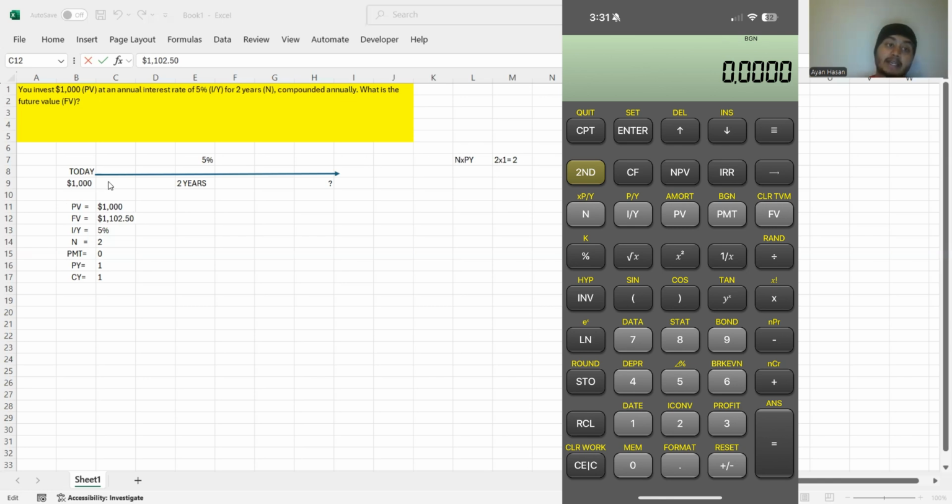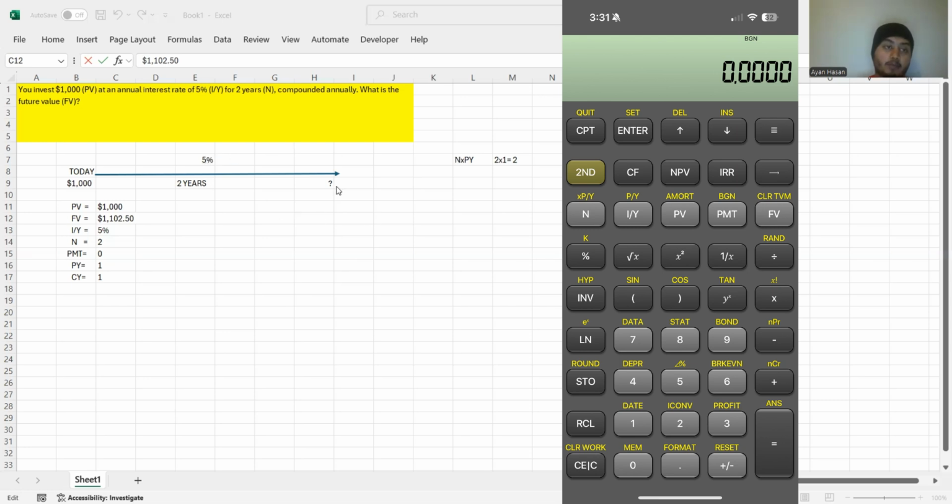After that, I created the timeline to help you understand and learn better. So we invested 1,000 today for 2 years. This is the timeline for 2 years at an interest rate of 5%.